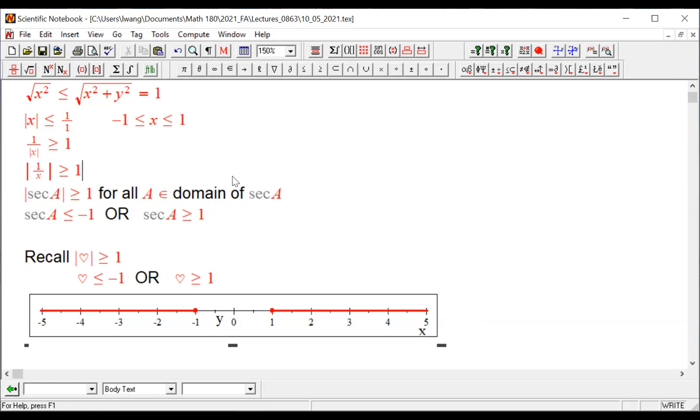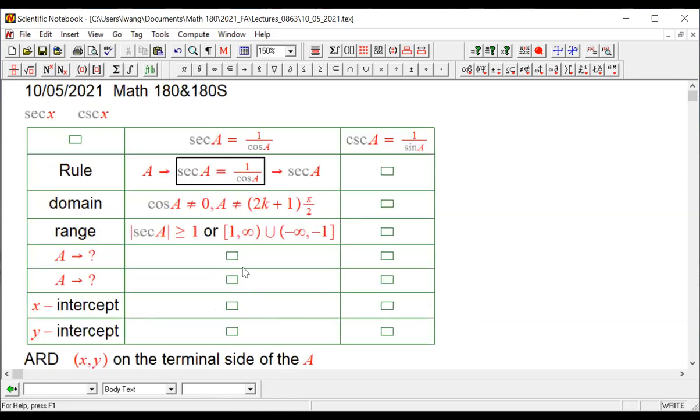Okay. Now let's go back. X-intercept, Y-intercept. We're going to come to this place later, okay? For the x-intercept, I got there are no x-intercepts, and for the y-intercept, it is (0,1). You said there's no x-intercept. Why?